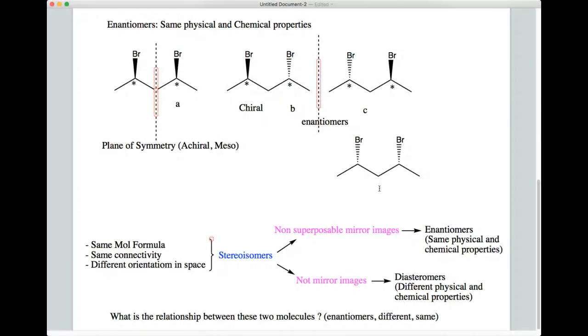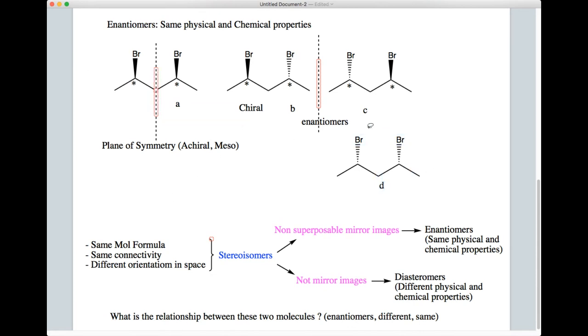Guys, what's the relationship between A and D? So A and D obviously are the same, right?